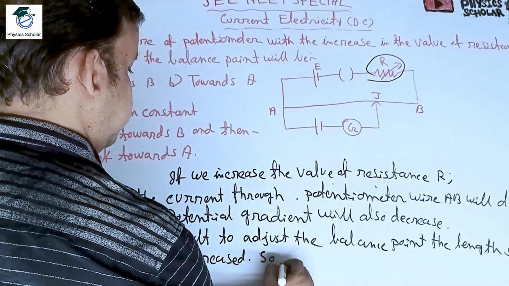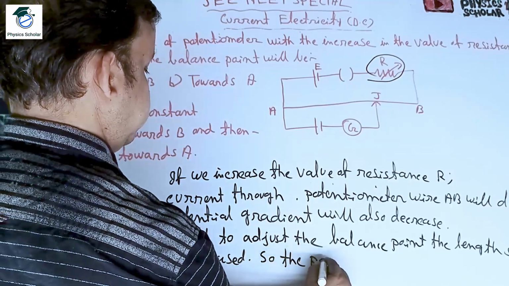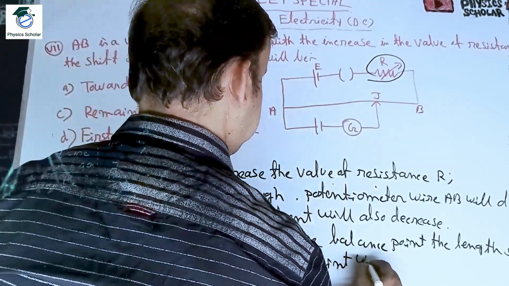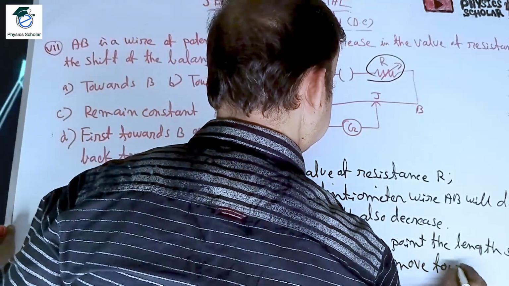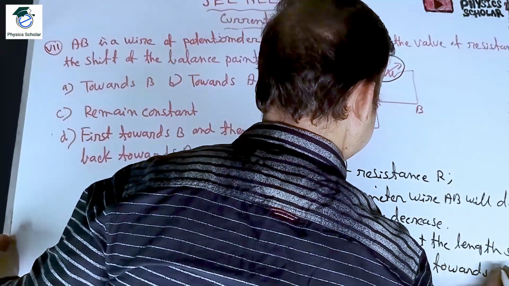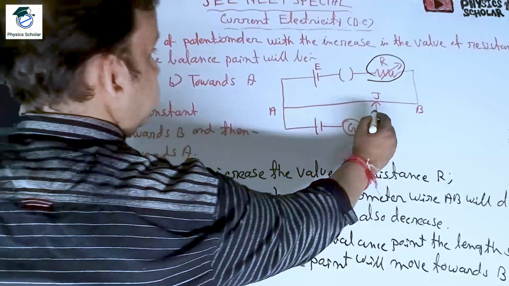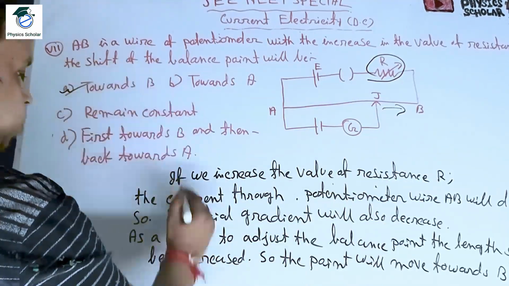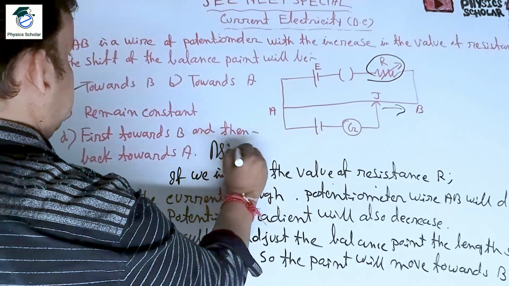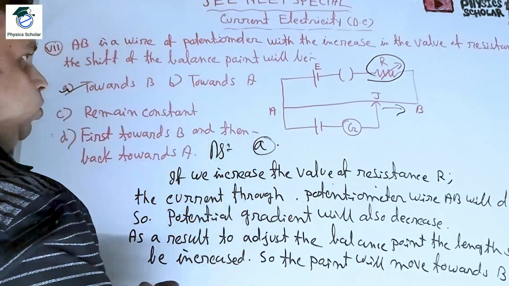So the point will move towards B. Clear? It will move towards B. That means the answer will be option number A.